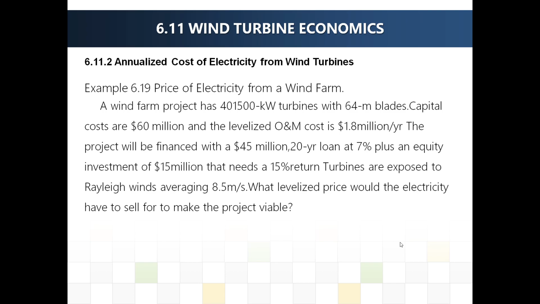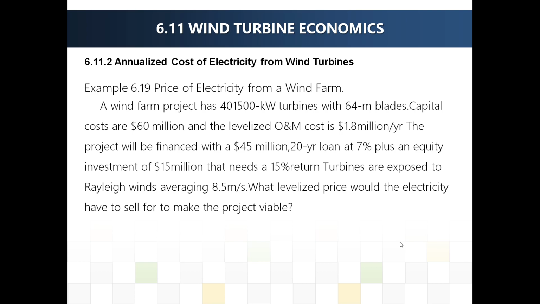Example 6.19, price of electricity from a wind farm. A wind farm project has 1,500 kilowatt turbines with 64-meter blades. Capital costs are $60 million, and the levelized O&M cost is $1 million per year.